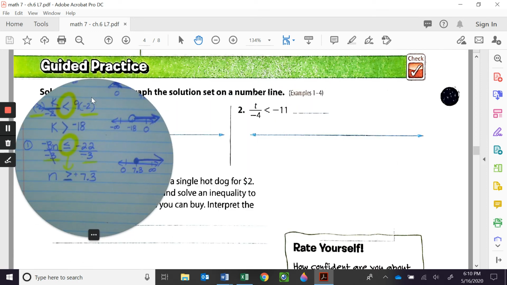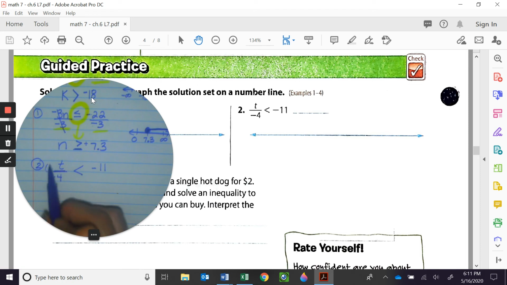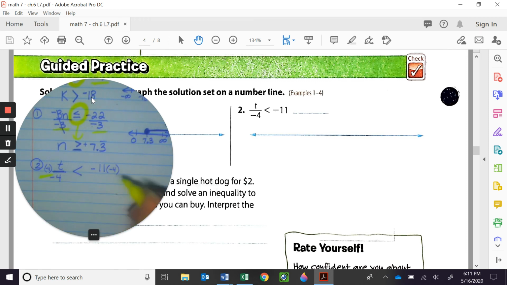Let's look at number 2. So t over negative 4 is less than negative 11. So because it's a division problem, we're going to multiply by negative 4. And because I'm multiplying by a negative, my inequality needs to flip. So the negative 4's go away, leaving me with my t.